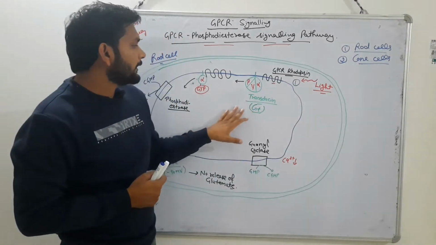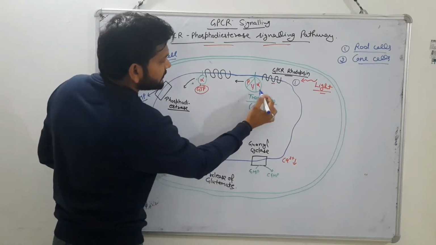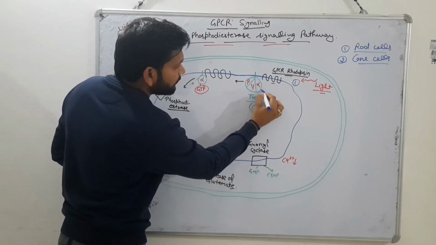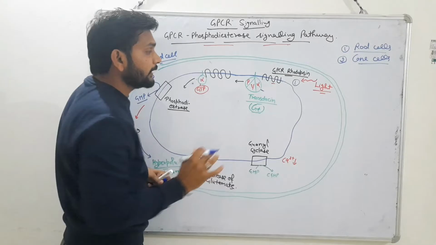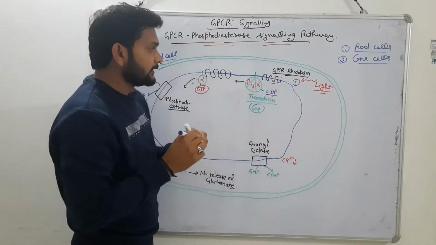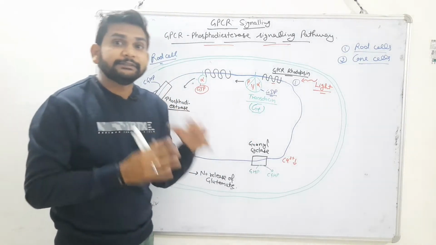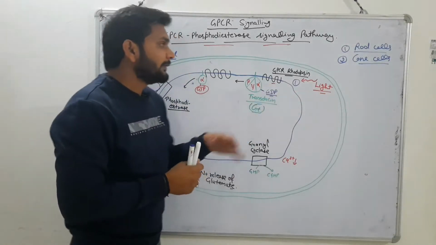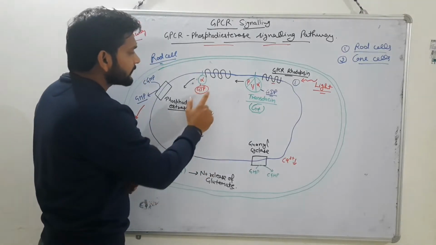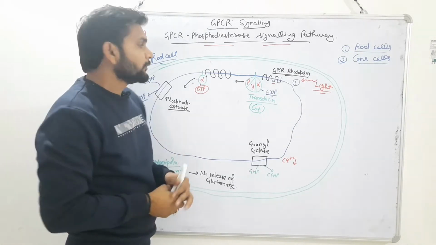In the absence of light, GT alpha is bound with GDP. When light comes, the GDP gets converted into GTP.